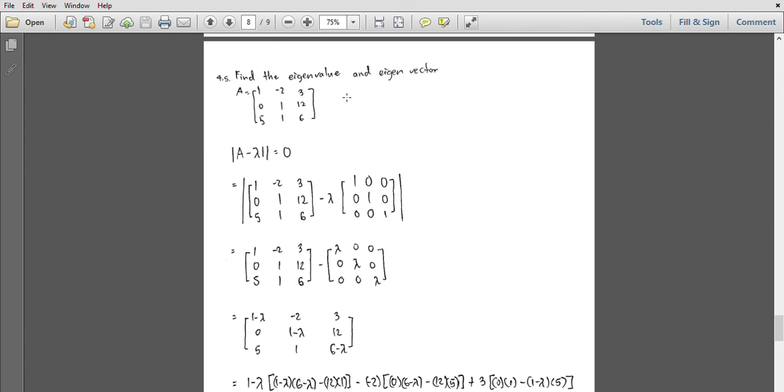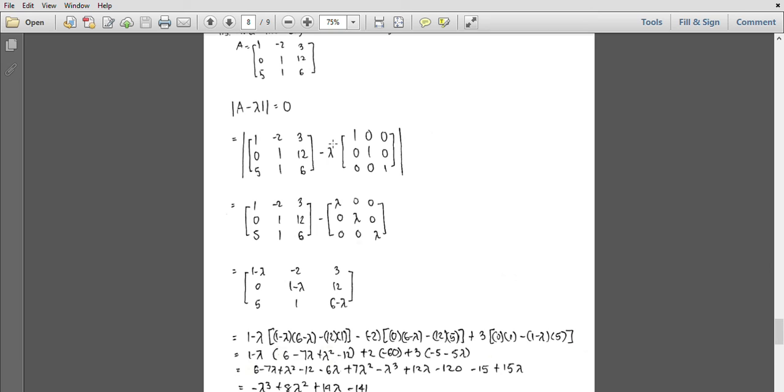Number 4.5, find the eigenvalue and eigenvector. So, let's start by first finding the eigenvalue. Now, we need to use this formula, A minus lambda identity. So this matrix, we copy the matrix minus lambda, then its identity matrix.